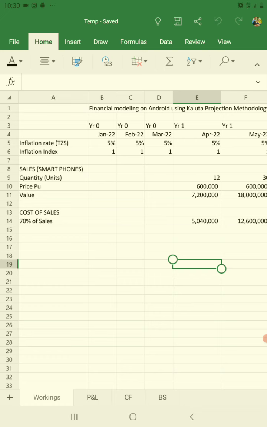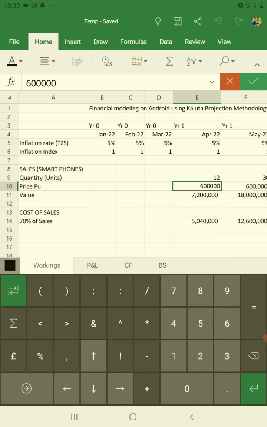And it is seamless because, for example, if I change the price per unit here, instead of 600,000, I put 800,000.